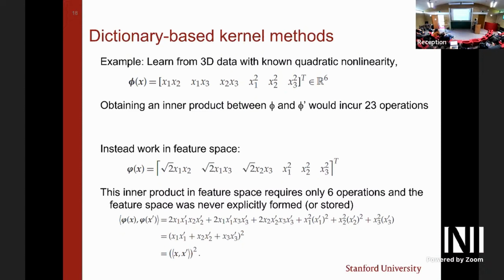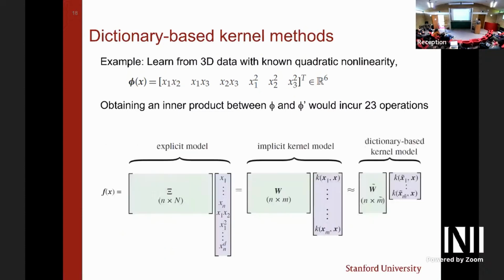all we've really done is put in some scalings here, but this can be written explicitly in terms of the inner product of x and x prime. So we've allowed this to be compressed. To calculate that would require 6 operations, and we never had to store this feature space that we were talking about before. So we're going to try and use the kernels, and then use this dictionary-based idea as well.